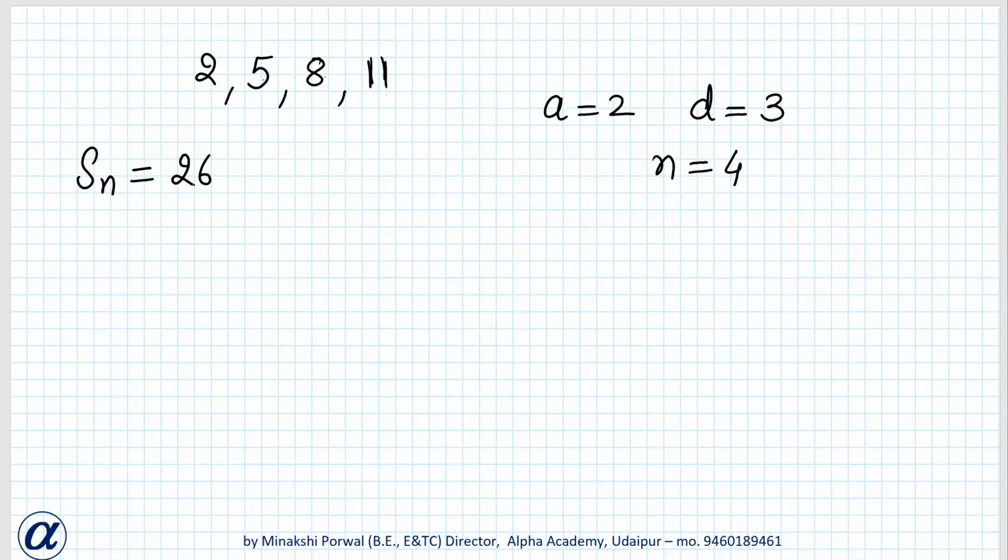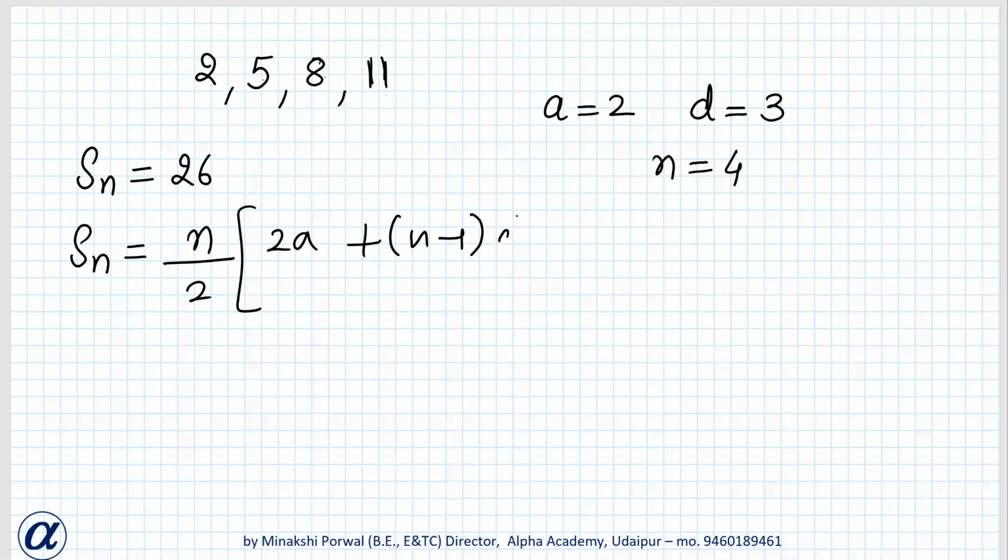Okay. Now we'll do the verification of that formula. Sn equals n by 2, 2A plus n minus 1 D. I'll write this formula again. If we are doing this by formula, n is what?